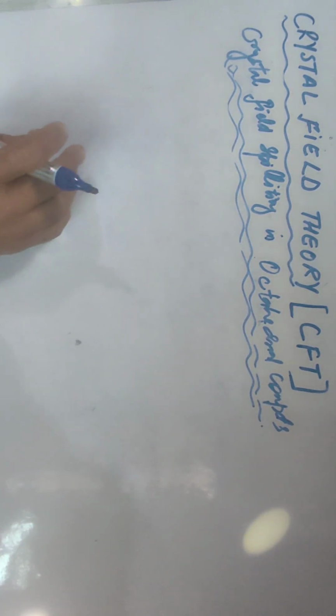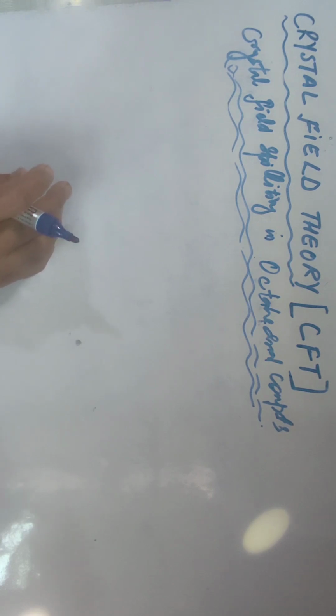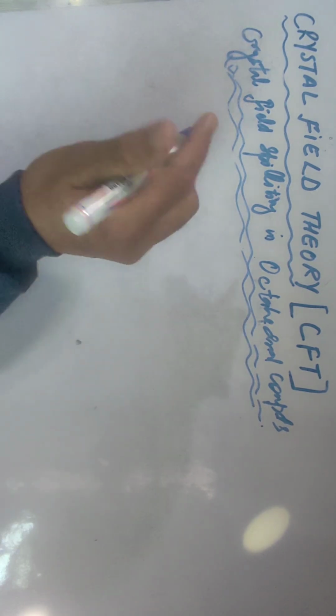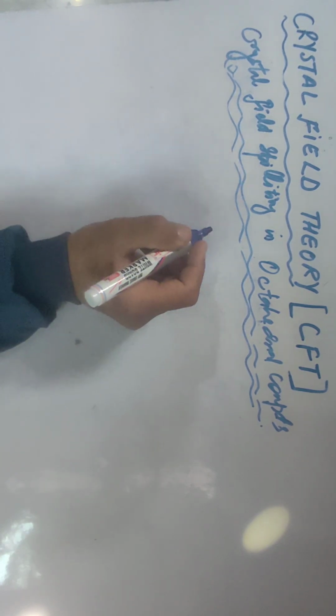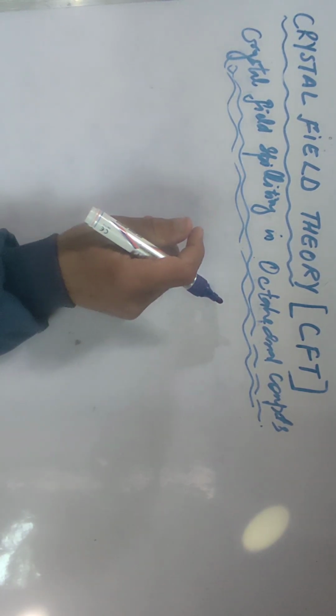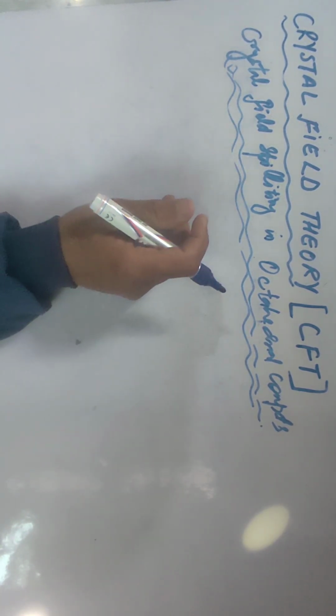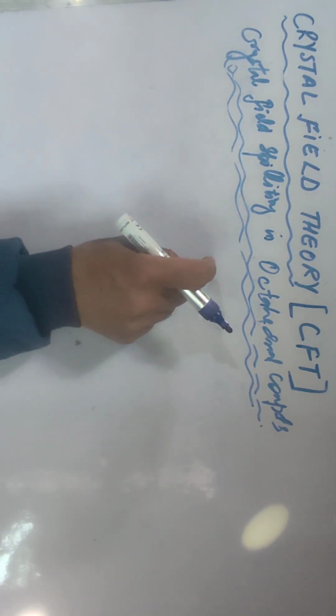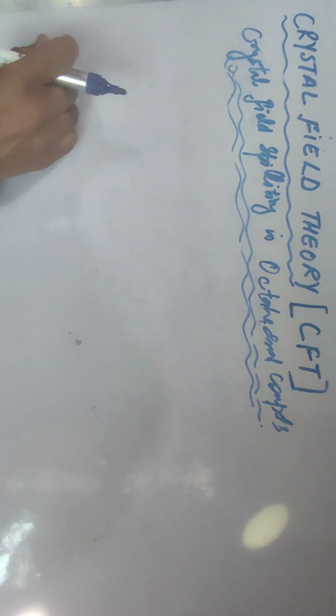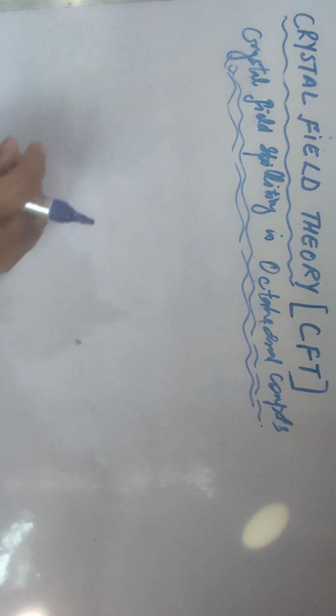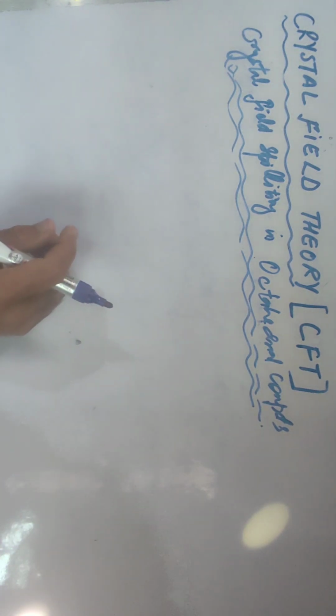But under the influence of these ligands, the repulsive force removes the degeneracy of the d orbitals. That is, the d orbitals split into two sets of orbitals having different energy. That is called crystal field splitting.